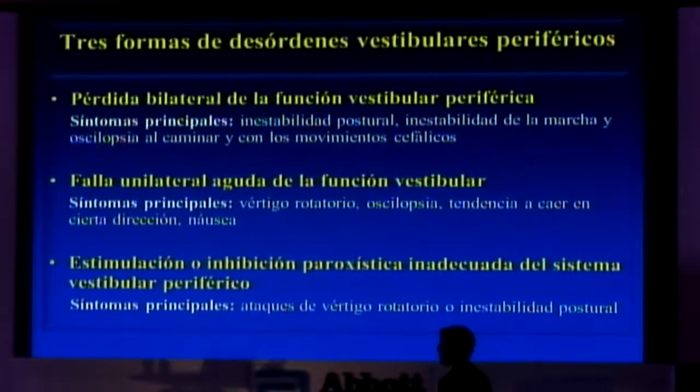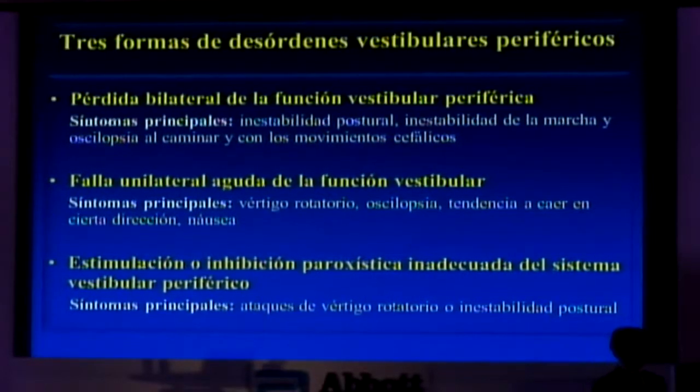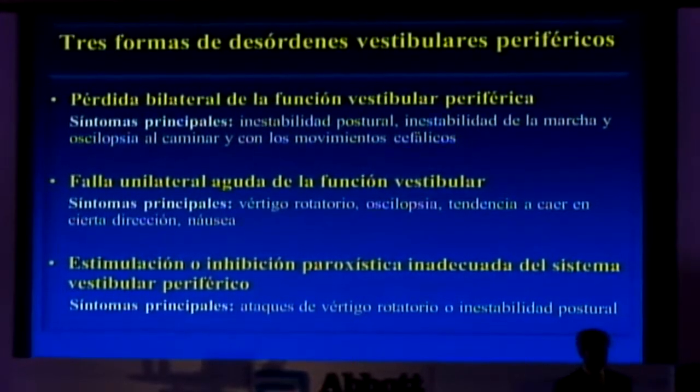Another subtype is an acute unilateral vestibular failure, classically in vestibular neuritis. These patients have an acute onset of rotatory vertigo lasting many days up to a few weeks. This can also be caused by a brainstem infarction, by the way, which affects the vestibular nuclei or the vestibular nerve within the brainstem. And the symptoms are the same.